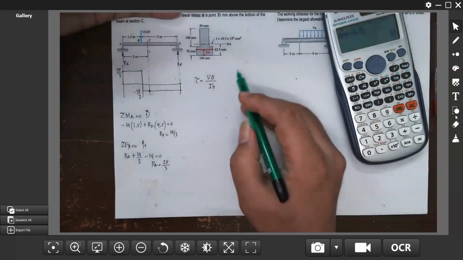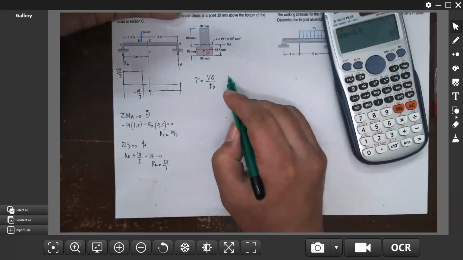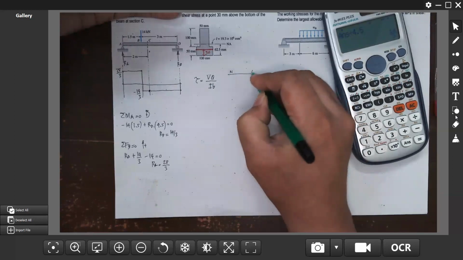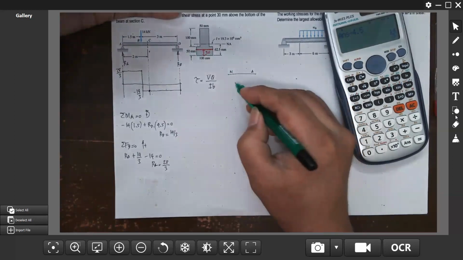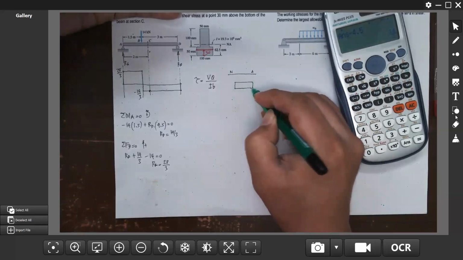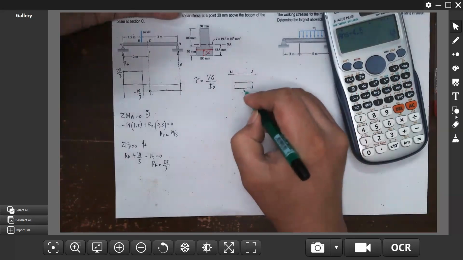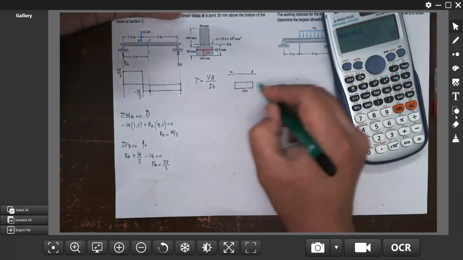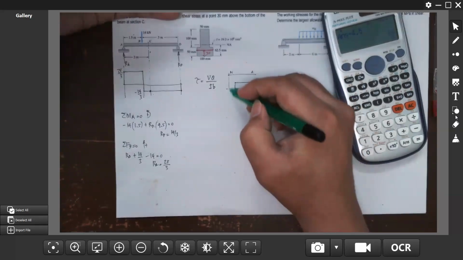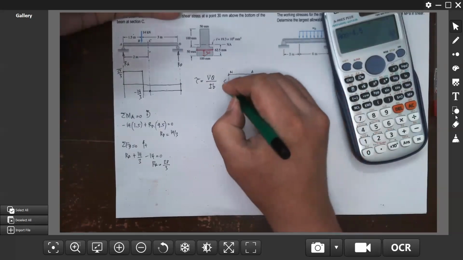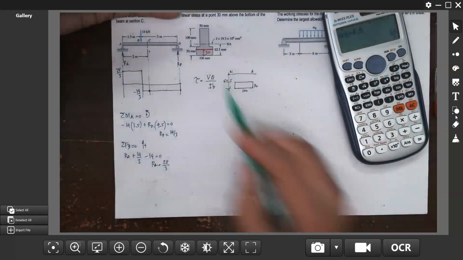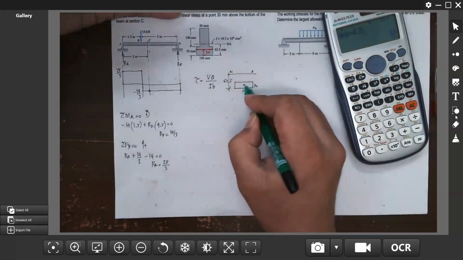So, to solve for Q, let's consider the area below the cutting section. The reference is the neutral axis. The area is 100 by 30. The Y bar is 62.5, that's the centroid.